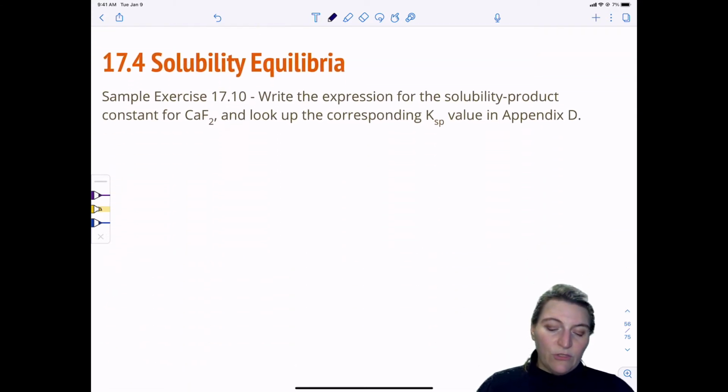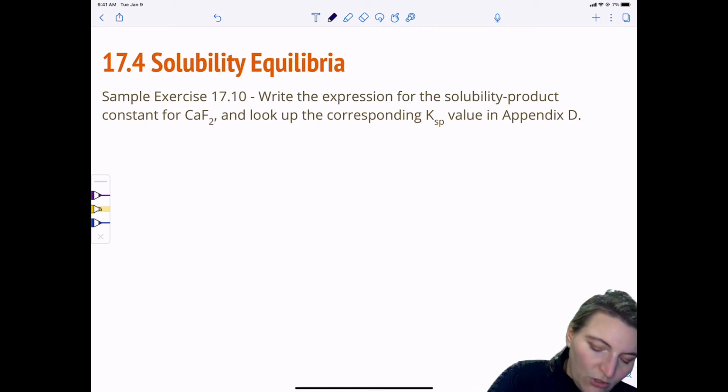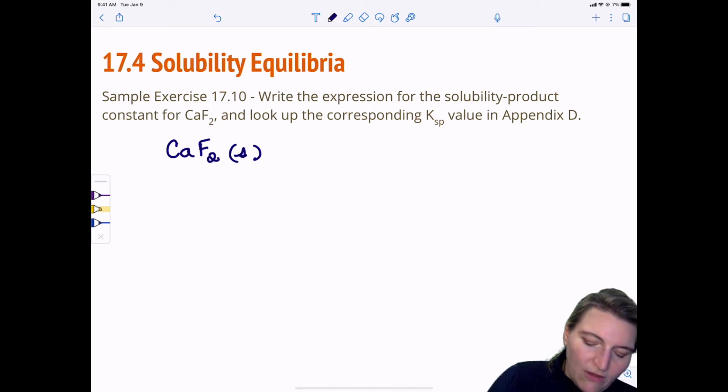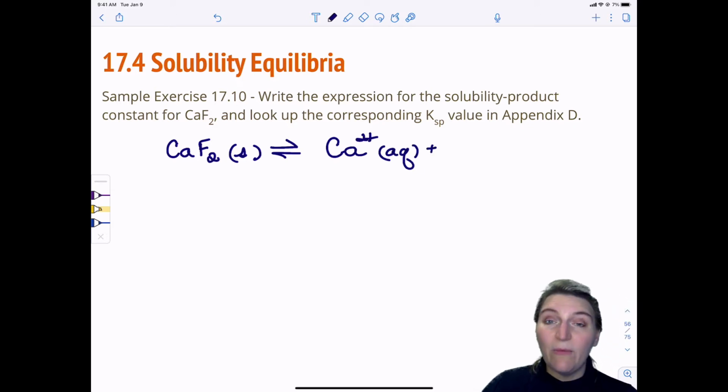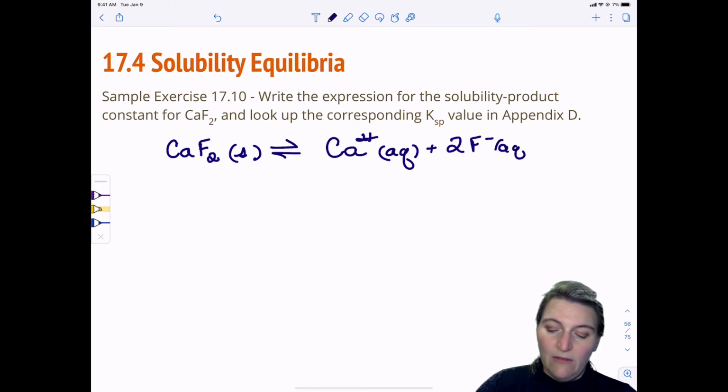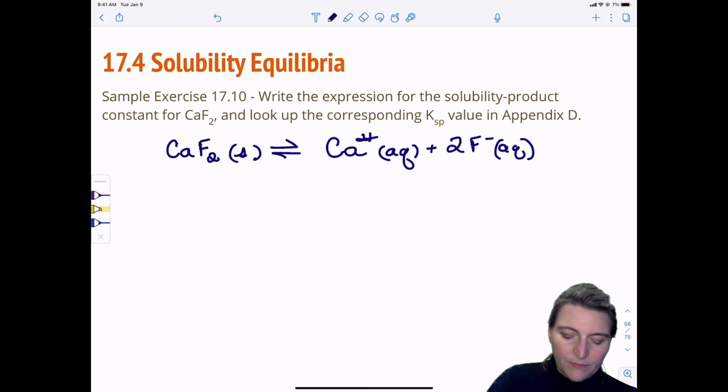Write the expression for the solubility product constant of calcium fluoride and then look up the value. So calcium fluoride, as a solid, when it dissolves, will of course produce the calcium 2+ ion, and this is key that we get these coefficients correct, 2F-, because it's CaF2.